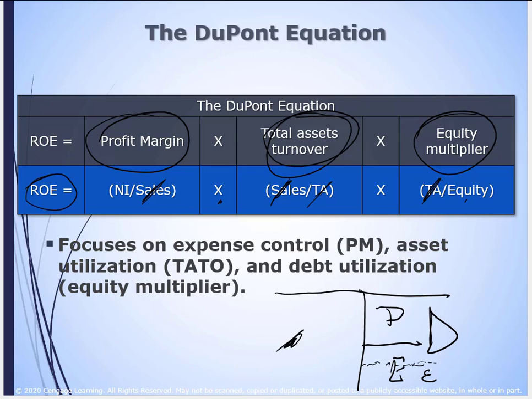If the assets are producing the same as they used to, net income should be the same. So profitability should be the same. Total assets, the efficiency should be the same. What will change, though, is that the profit that is made is now going to be divided by a smaller number.